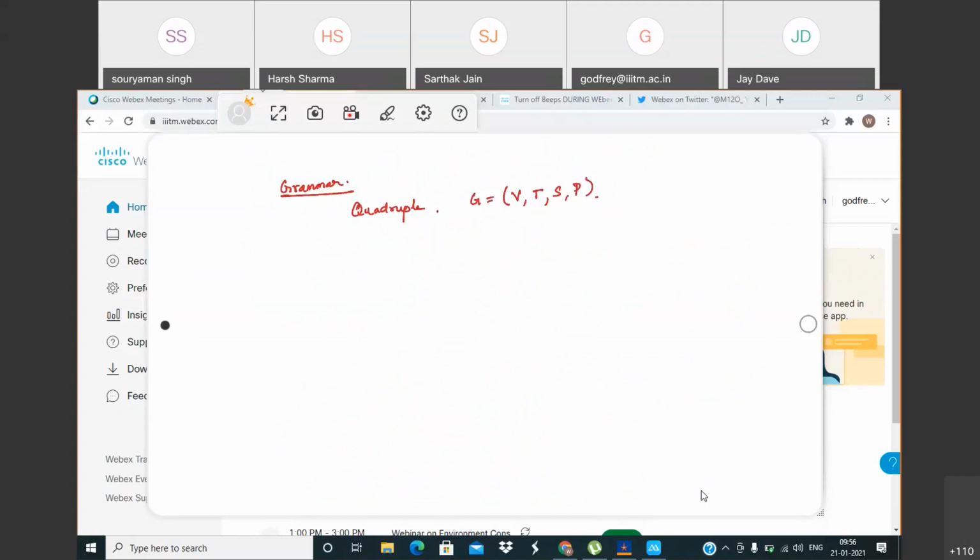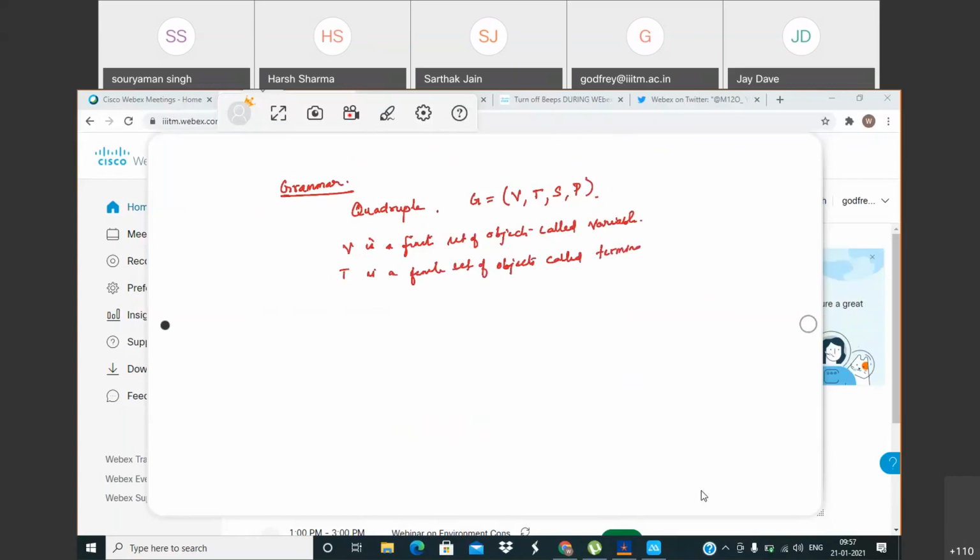Now we have this quadruple, and in this quadruple we have V. V is a finite set of objects called variables. T is a finite set of objects called terminal symbols.